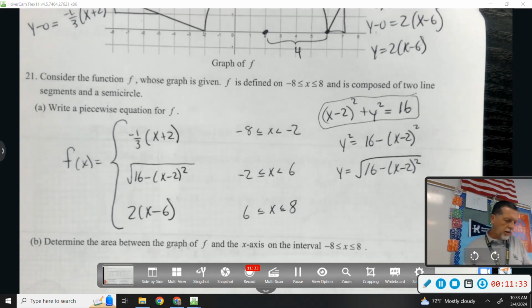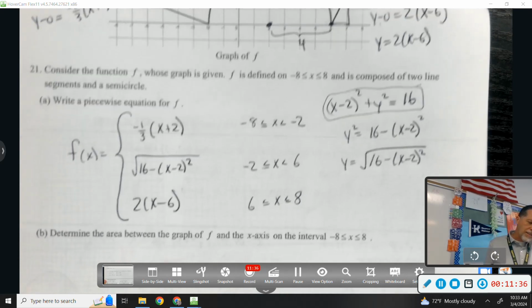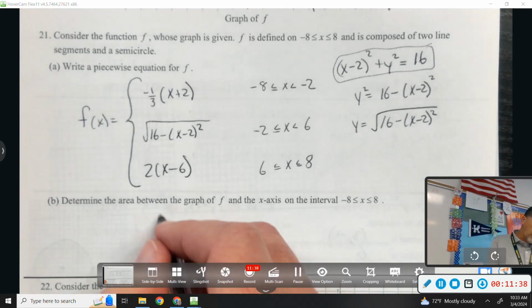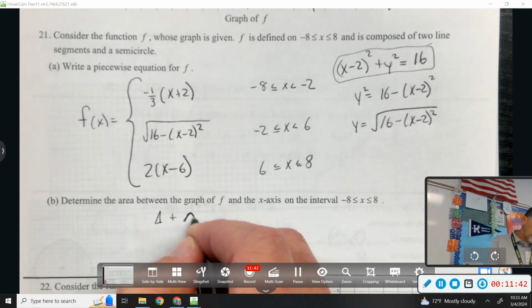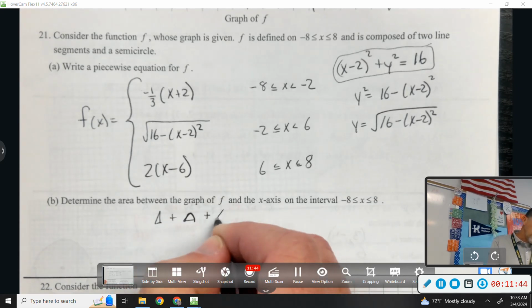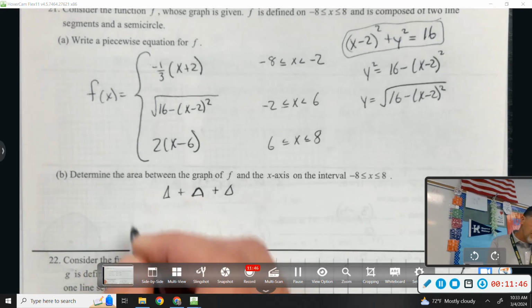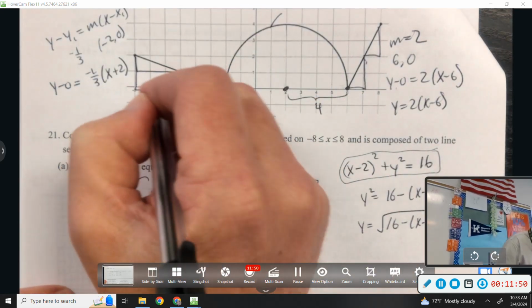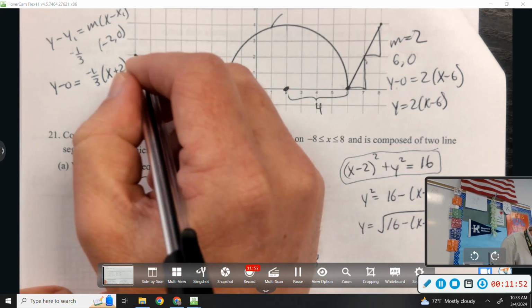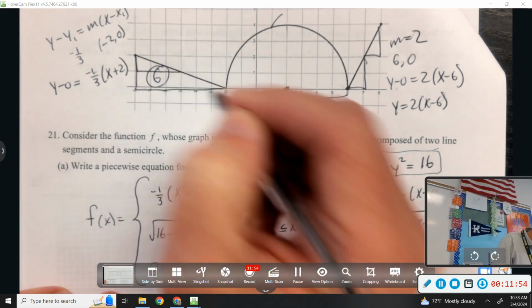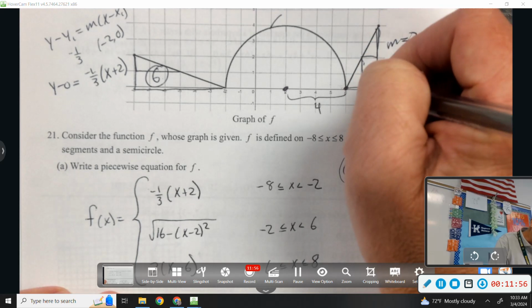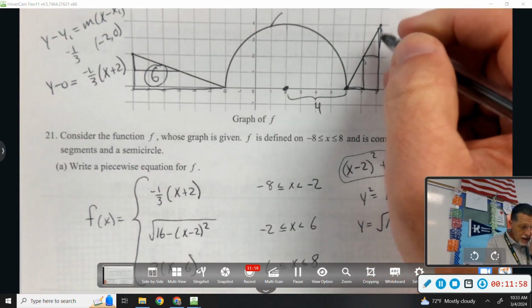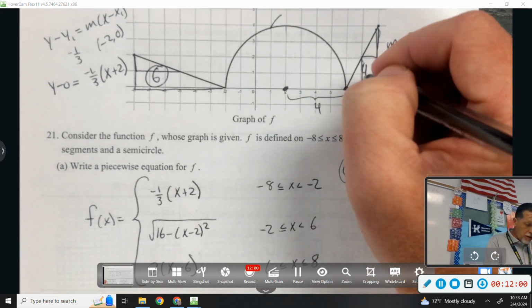Determine the area between the graph of f and the x-axis. Okay, well that's just triangle plus half a circle plus triangle. So 1/2 base times height. Let's see, 6 times 2 divided by 2 is 6. While I'm thinking about triangles, I'll jump to the other side. 4 times 2 divided by 2 is 4.